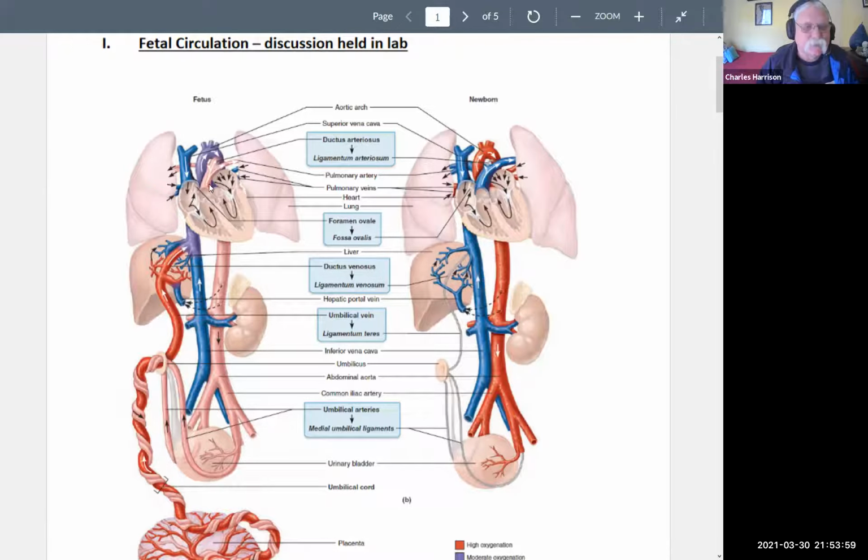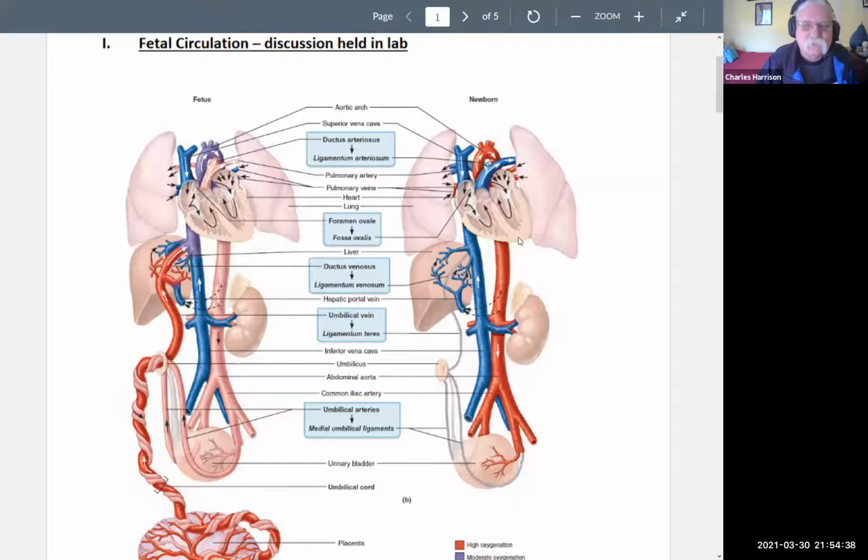And the foramen ovale, the hole, closes, and it's called the fossa ovalis. 4 things happen, and only one of those 4 occurs in the heart. That's the closure of the foramen ovale to become the fossa ovalis. If all of those things come off correctly, then this is what you're left with.